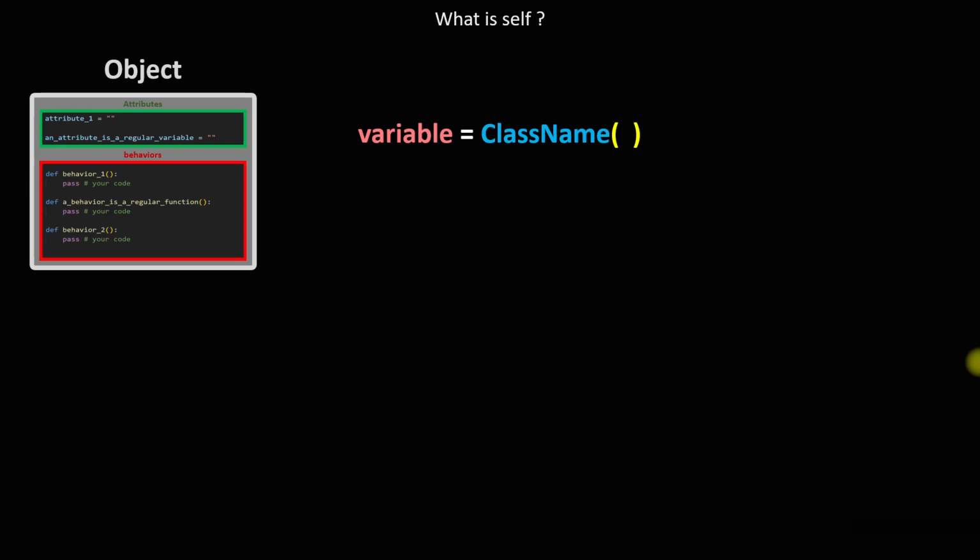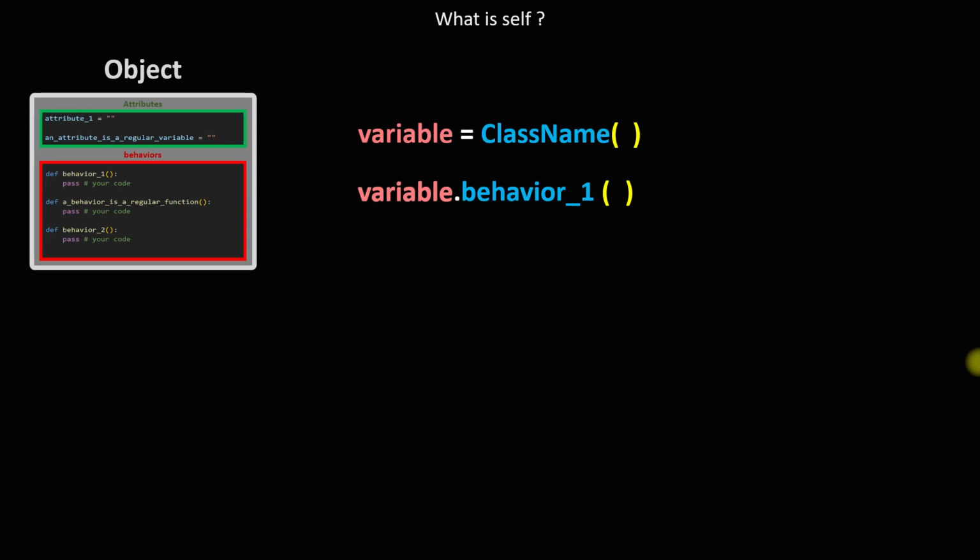Because we want to create an object, we have written the name of the class with parentheses. Now this variable contains an object, and when we want to run a behavior, we will write the variable, after that dot, after that the name of the behavior or the function.